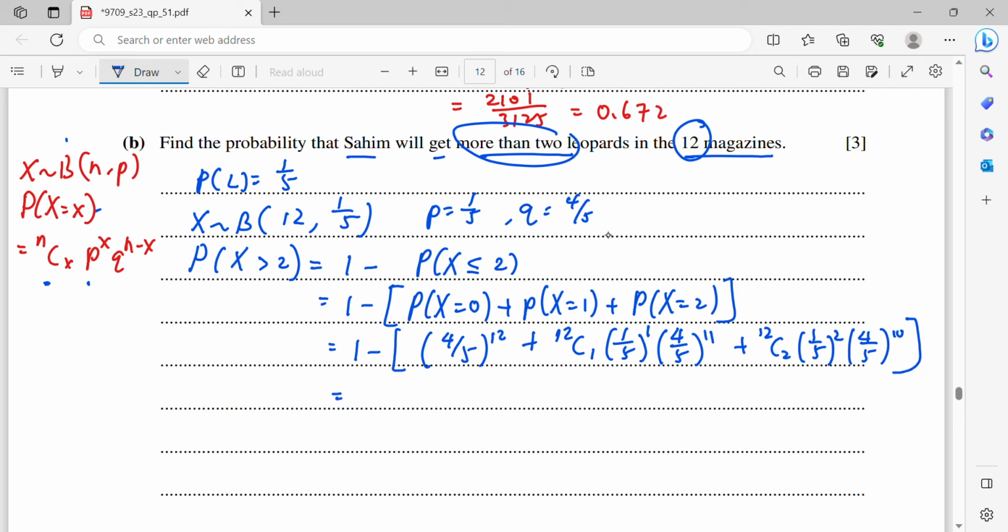So from here, if you add all these 3 probabilities together, it will be 1 minus 0.55835, which is 0.44165. Now I round off to 3 significant figures, that will be 0.442. Okay, that's the probability for part B.